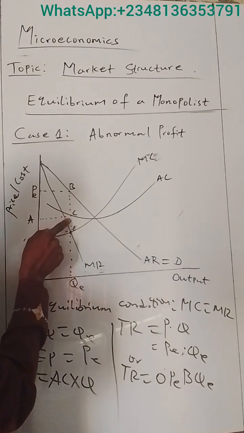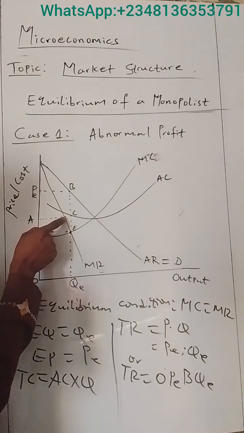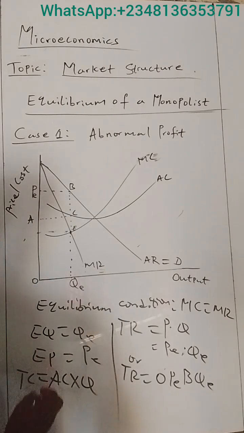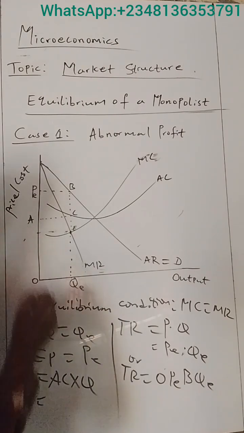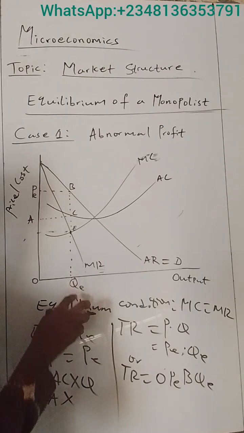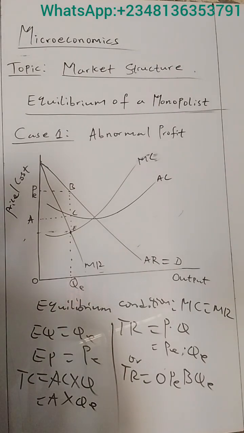You can see that it touches the average cost curve at point C, then you trace it to the cost axis here. What we have here is A, meaning that our AC is A, multiplied by the equilibrium quantity QE. That is the total cost, A multiplied by QE.